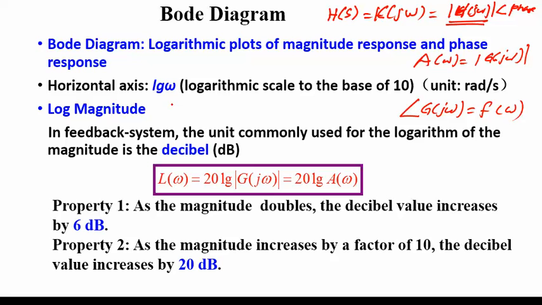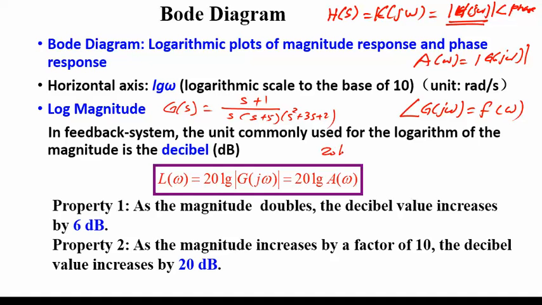Example, if I have G of S equal to S plus 1 over S times S plus 5 times S squared plus 3S plus 2, and I want to do the Bode plot, then you take the magnitude of this and you do the 20 log of the magnitude.